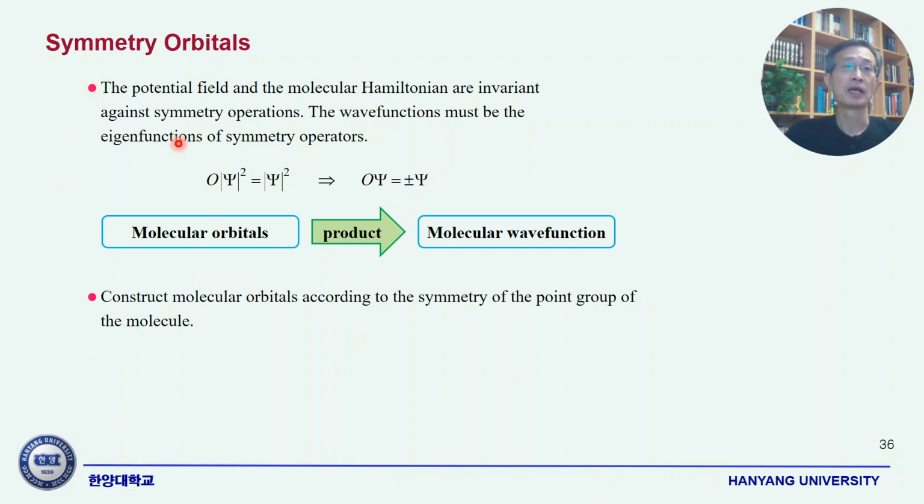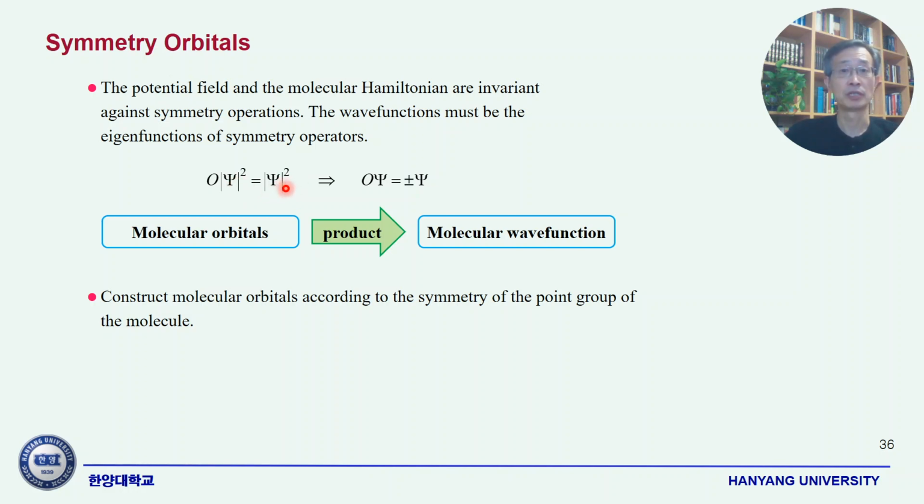And here is why. The molecular Hamiltonian and also the potential field are invariant under molecular symmetry operations. The wave function itself is a probability amplitude, and the square of the wave function is the probability of electron distribution. So the wave function must be an eigenfunction of the symmetry operation, meaning that if a symmetry operator operates on the square of the molecular wave function, it leaves it invariant.